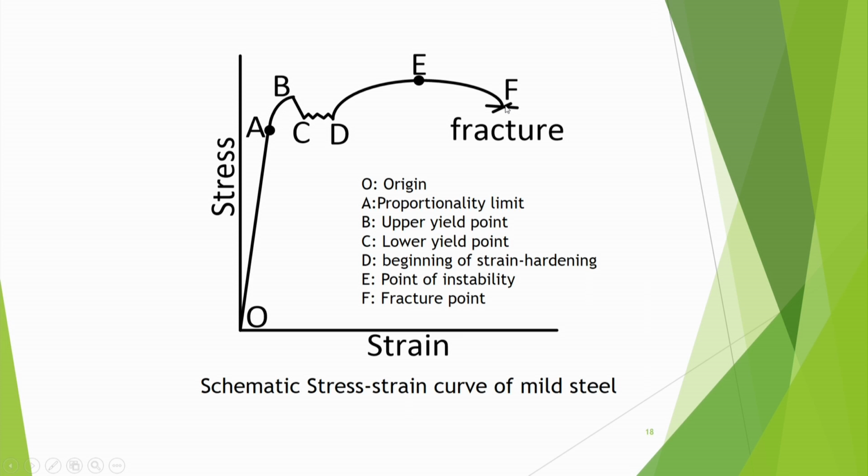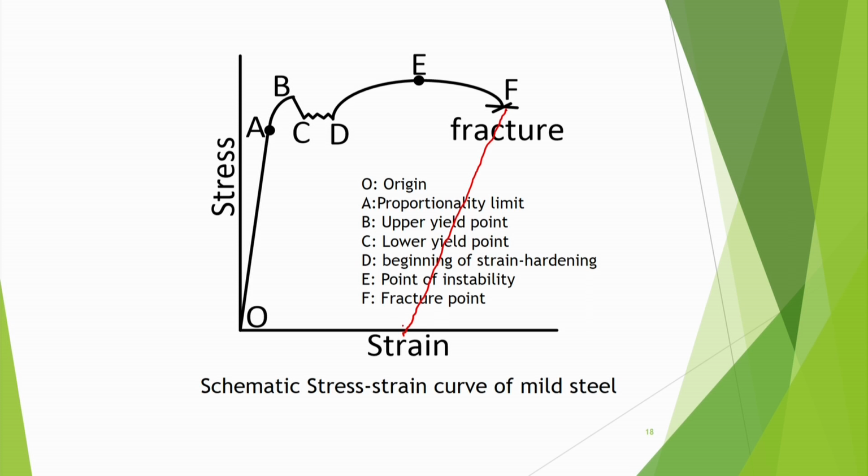But if you want to know what is the permanent elongation, then you can unload it. So from this point F you can actually start unloading, moving in a direction parallel to OA. For example like this, because I told that unloading is elastic.